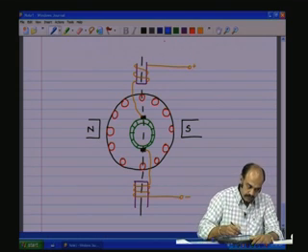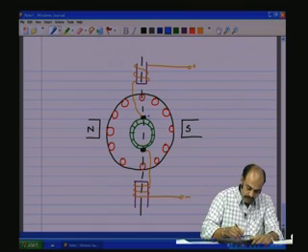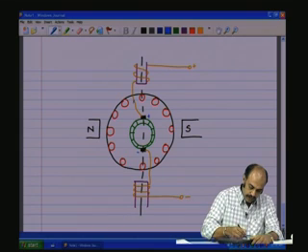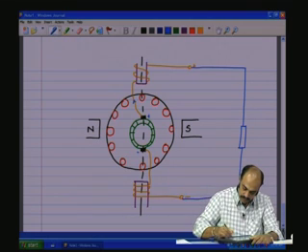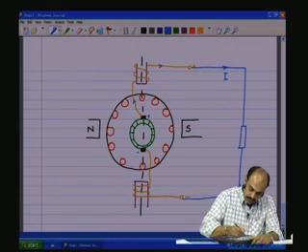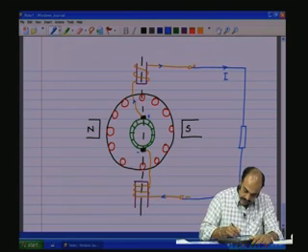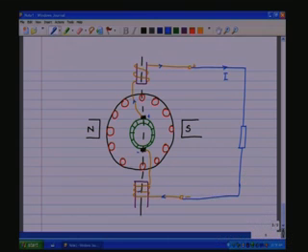So, there will be a current which flows. Let us say this is the plus side and the minus side. So, we will have a current which flows like that in the external load. So, it flows in through here, comes in this direction, goes like that, comes in here, then through the armature, like what we had drawn before.